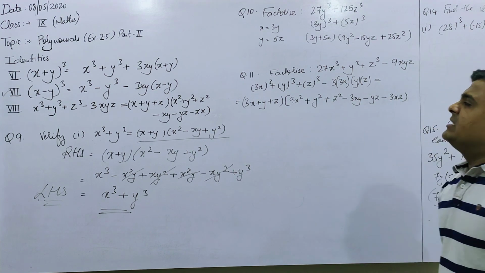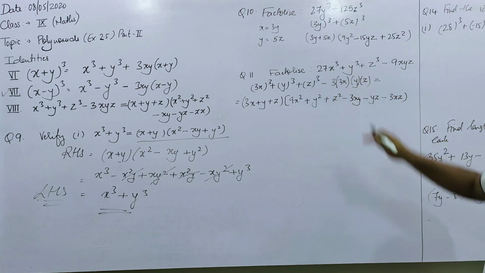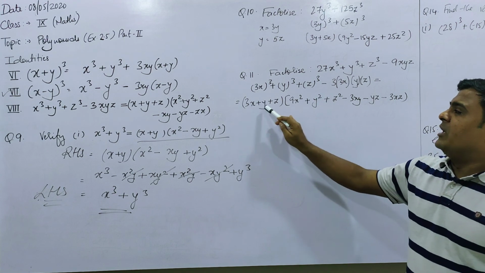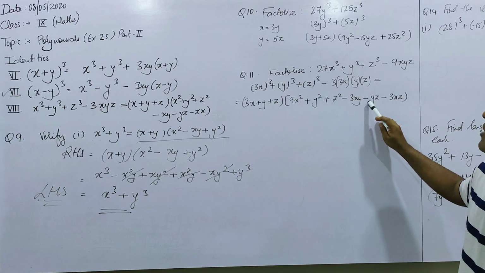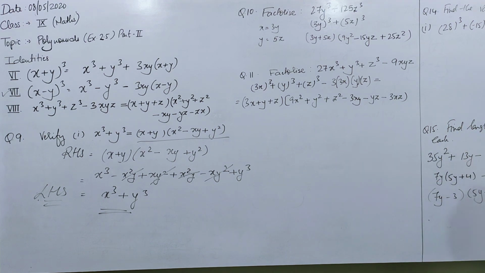So here is the final answer of the factorization of 27x cube plus y cube plus z cube minus 9xyz, which is equal to (3x plus y plus z)(9x square plus y square plus z square minus 3xy minus yz minus 3xz).